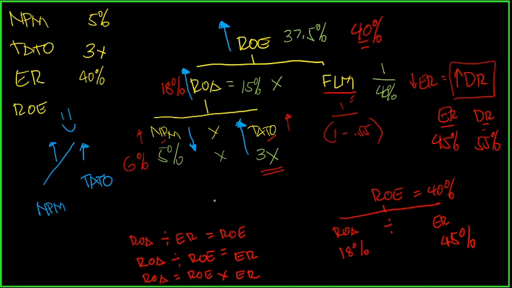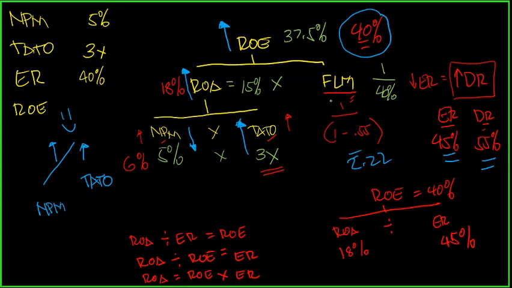Okay po? And because of this relationship, it can actually give you an idea how to work back. For example, you want to have a 40% net profit margin, and this is the given 3x and 6x. What will be the required FLM? Okay, that's 2.22. Or what will be the required equity ratio or debt ratio?